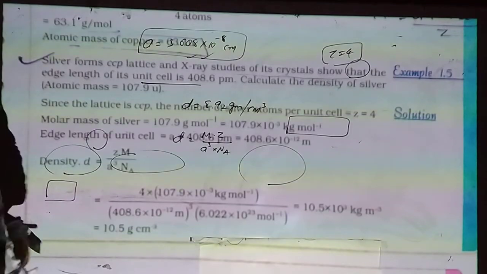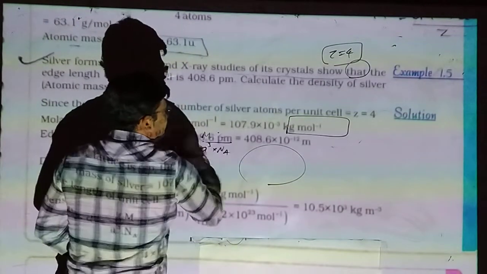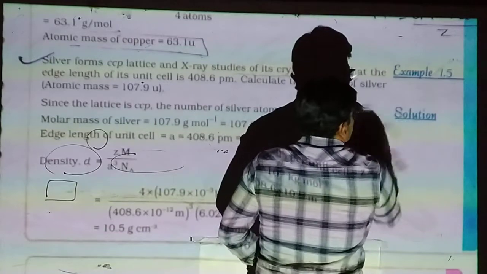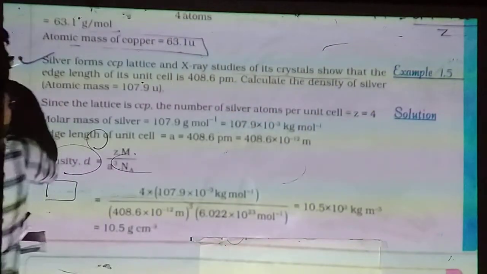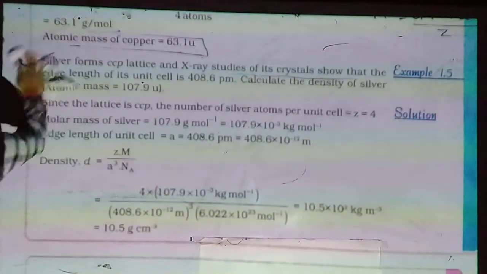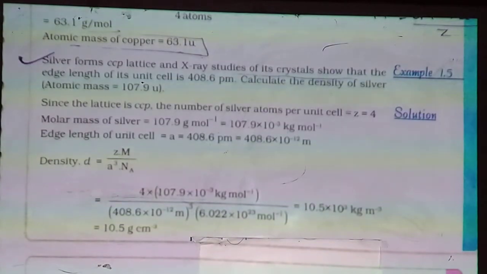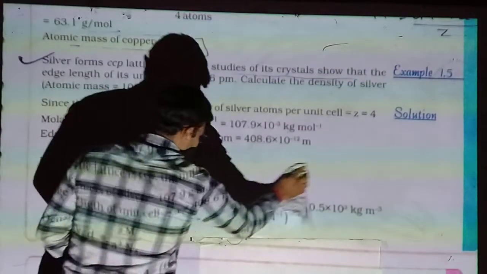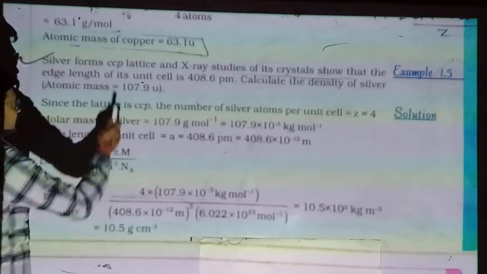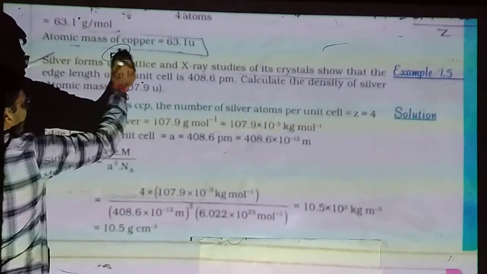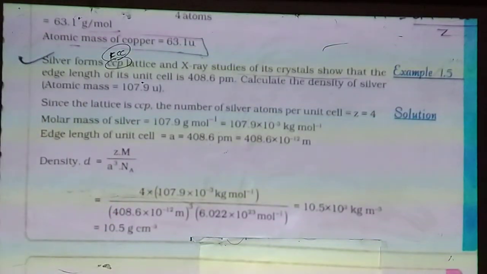Now question number 1.5. Silver metal forms a CCP structure. CCP means FCC, both are the same.